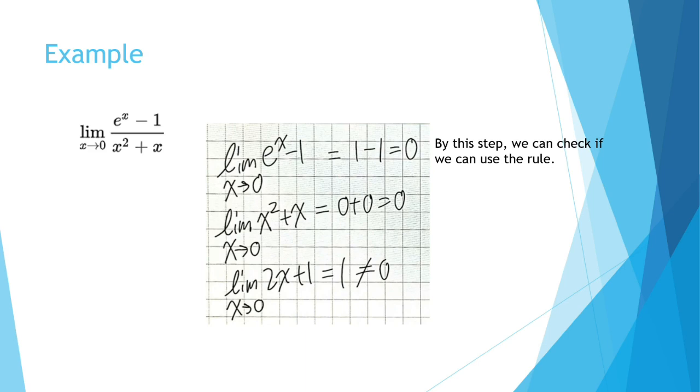Also, we need to check that 2x plus 1 doesn't equal 0 when x approaches 0. So we can see in this picture, by an easy calculation, the limit as x approaches 0 of 2x plus 1 equals 1, which is not equal to 0. So, now we may do a further calculation.